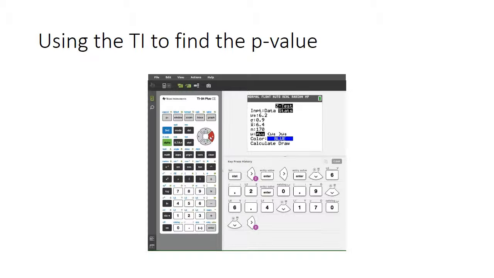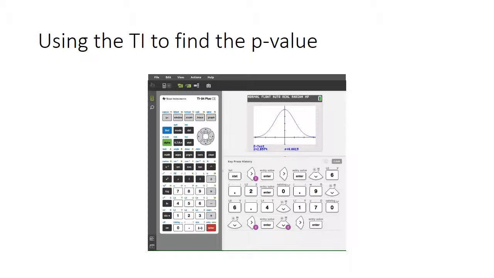Does our mean for our sample indicate that the population of these valves is actually greater than mu naught, the specifications provided? So greater than mu naught. Arrow down to draw, and there we have it. This is our hypothesis test, which we will interpret in the next slide.